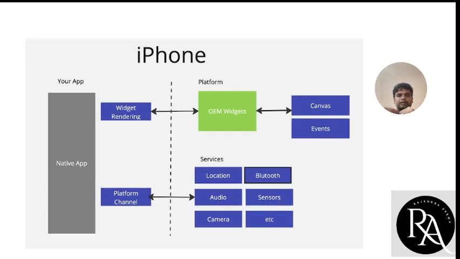The same goes with the iPhone. In iPhone development we have a certain number of widgets, and those widgets communicate with the platform to draw the canvas, draw the widgets, emit the events, and receive the events. The native app directly communicates with the services.